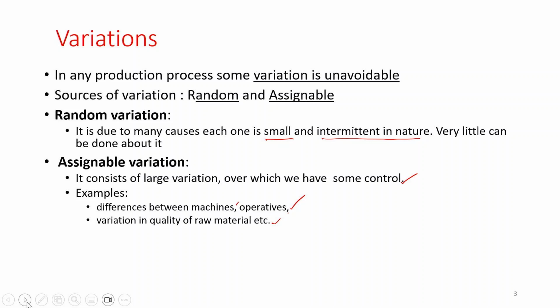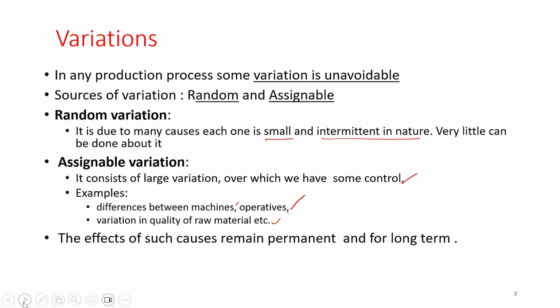So this kind of random variations could be there which are difficult to control, and therefore we generally leave them, because we know that we will not be able to control that. The assignable variations remain permanent, and they remain over a long period of time.